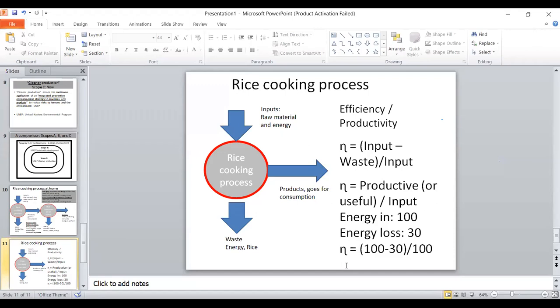You are using 10 liters, and the truly useful one is the water that remains with the rice. The extra weight gained by rice is the water quantity. That's all. The balance is in the environment somehow, mostly as waste. That's why you have to think about this.